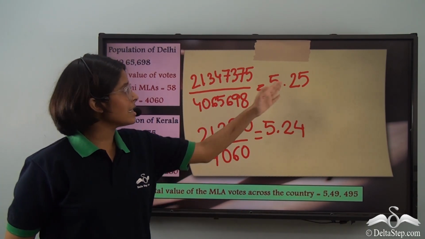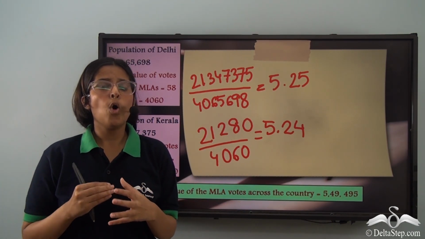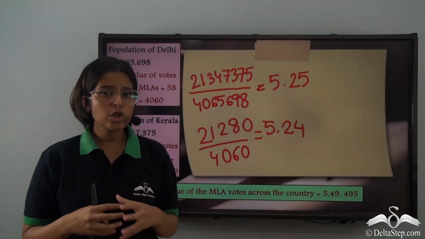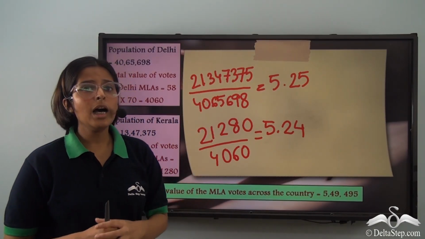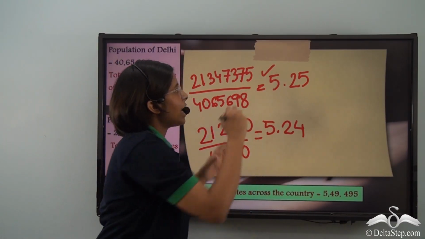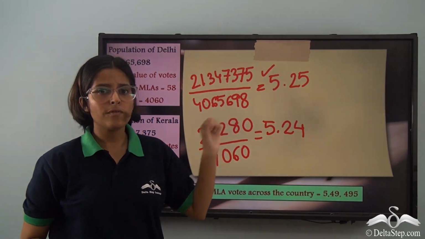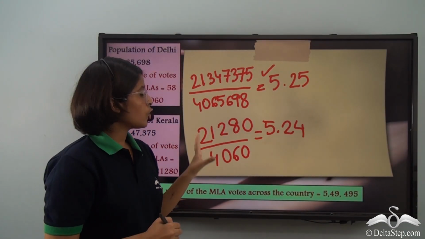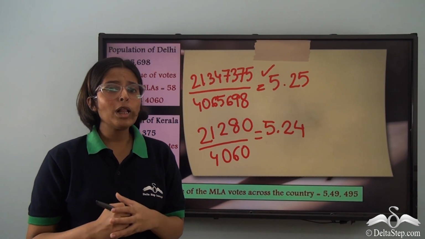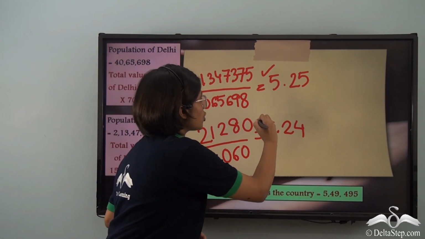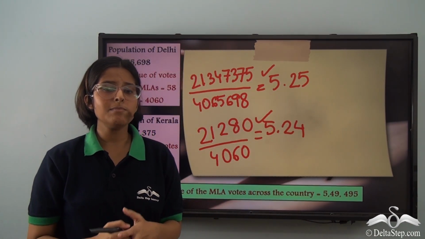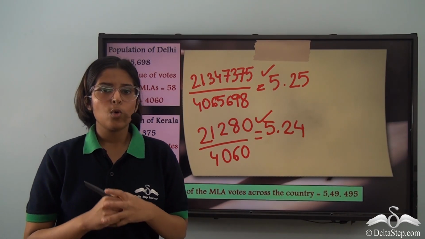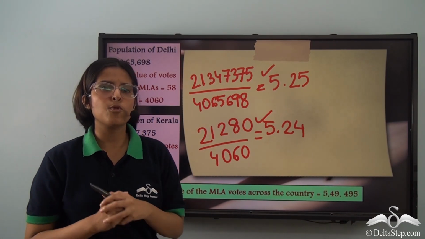So we see that this value and this value is almost equal, which means that the population of Kerala is approximately 5 times that of the population of Delhi. Similarly, the total value of votes of all Kerala MLAs is also approximately 5 times that of Delhi, which means that these are in proportion.